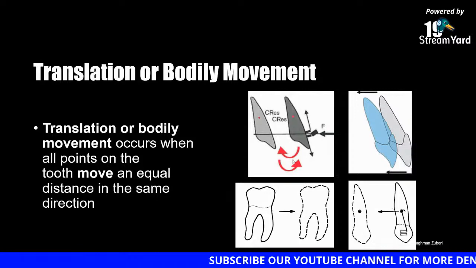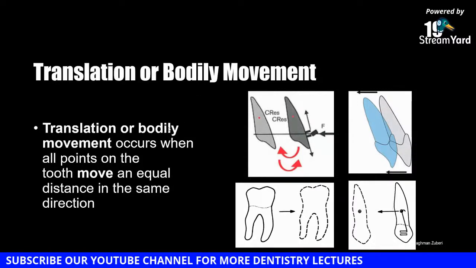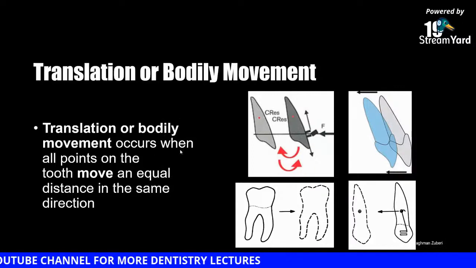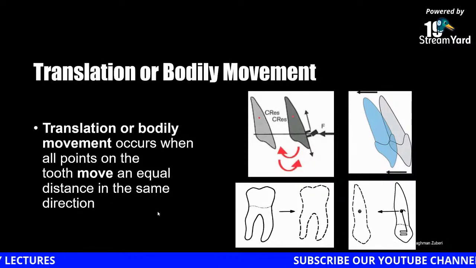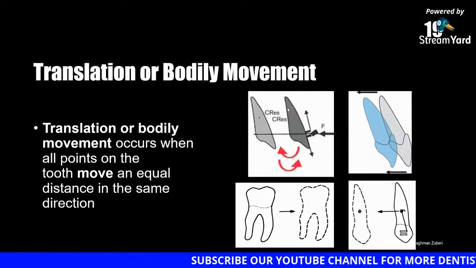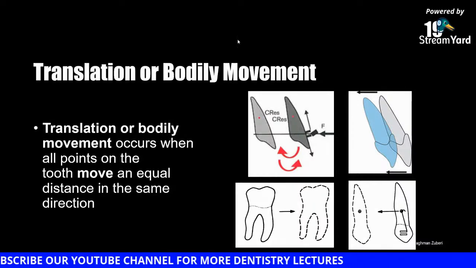Then comes the translation or bodily movement. Translation or bodily movement occurs when all points on the tooth move an equal distance in the same direction. I have already mentioned we do not have any center of rotation. It is somewhere at infinity.